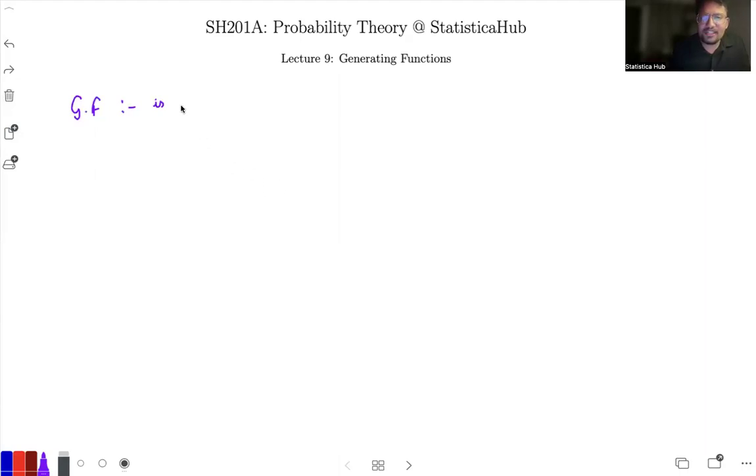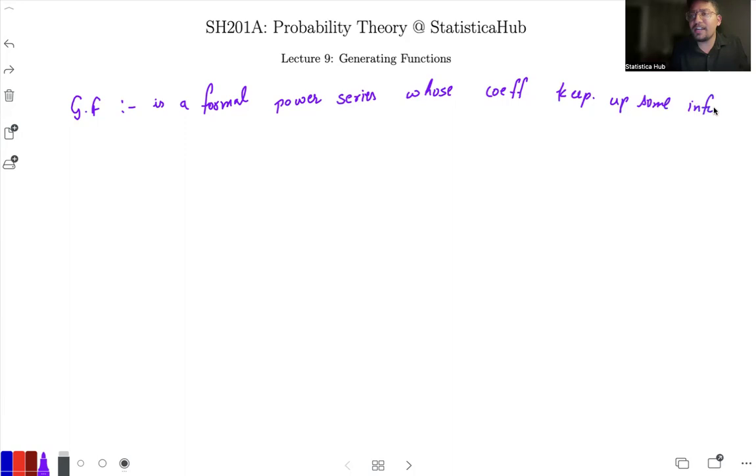A generating function is a formal power series whose coefficients keep some information. So what kind of information?